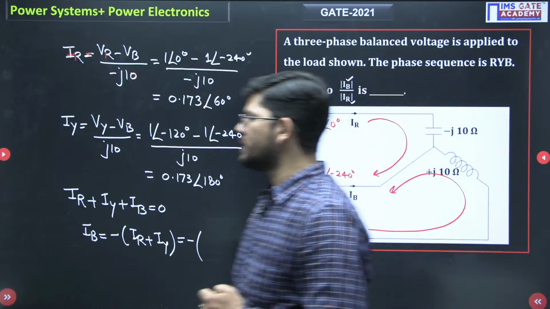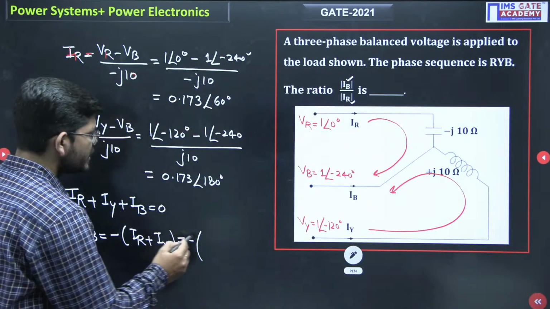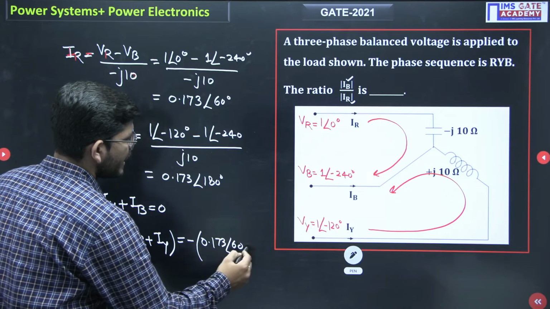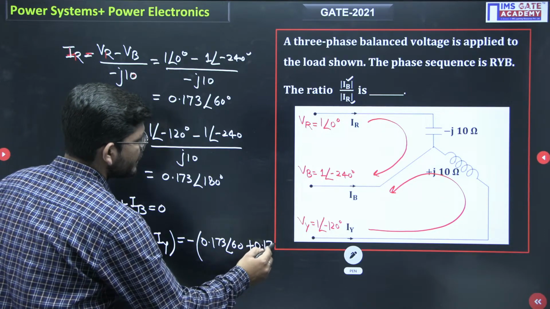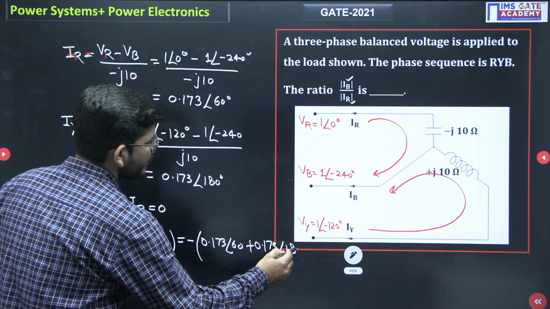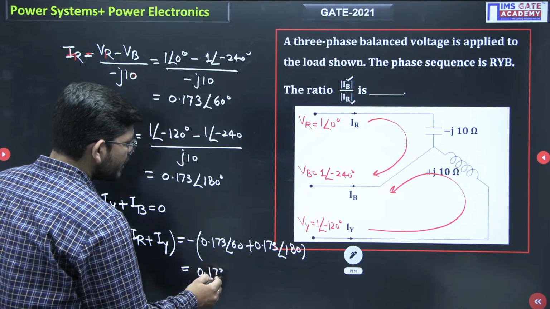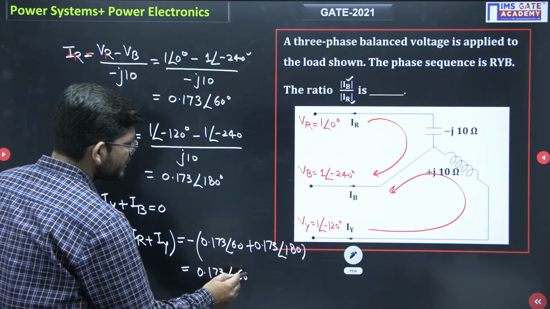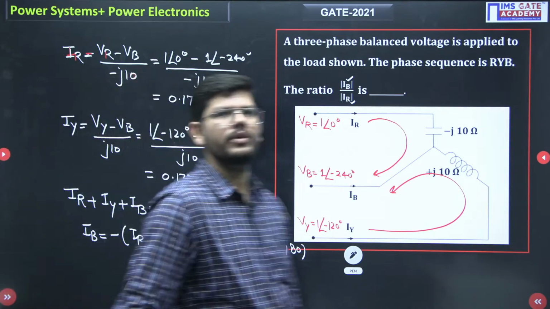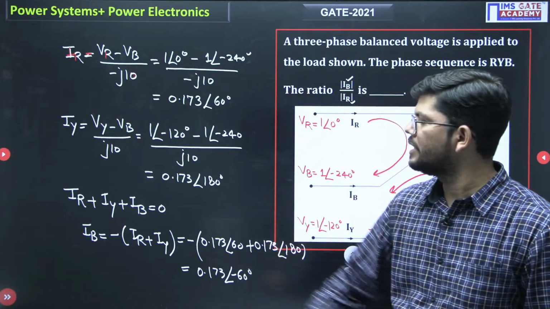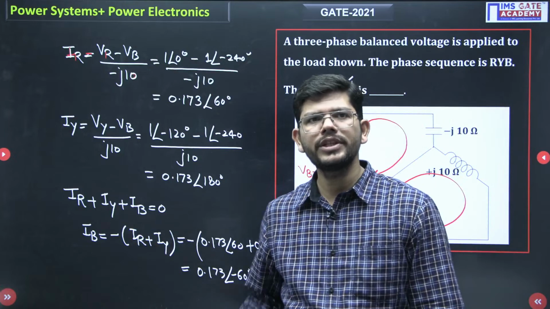They are 0.173 angle 60 and 0.173 angle 180. When you solve it, you will get 0.173 and the angle will be minus 60 degrees for IB. So this is what you will obtain.